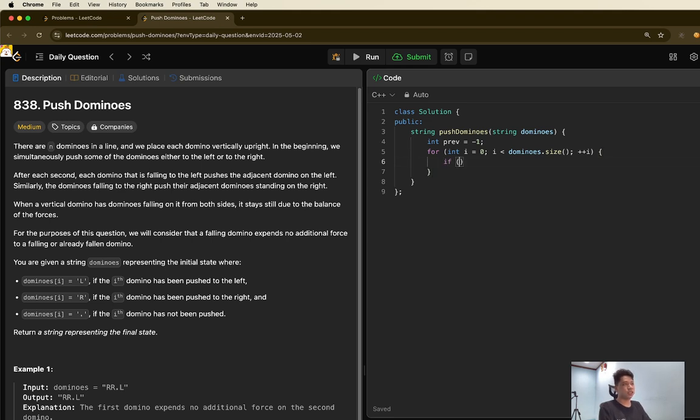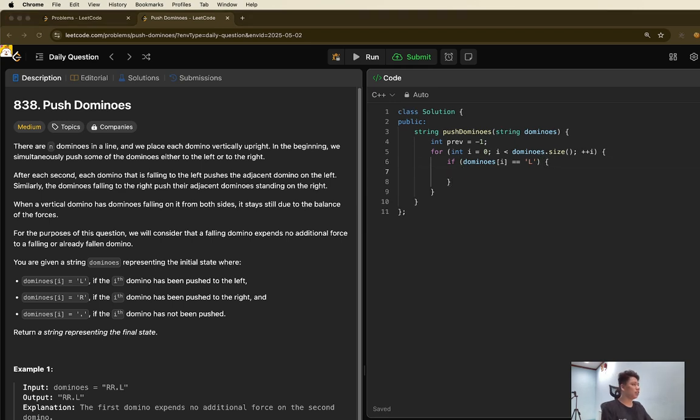If terminals E is equal to left, in this case, the left side is falling to the left, we just need to fill this from P plus 1 to E, and no need for E because it already has the left character. So assign on, we need to return.